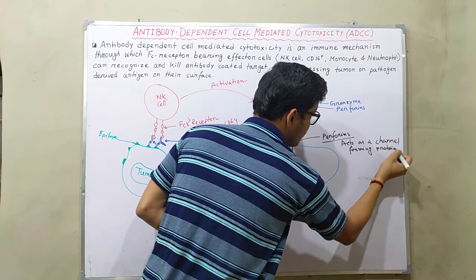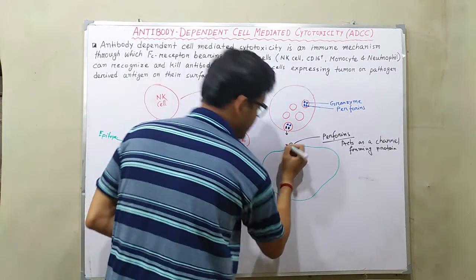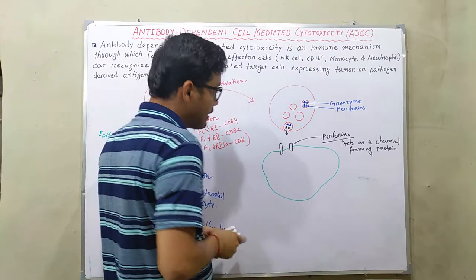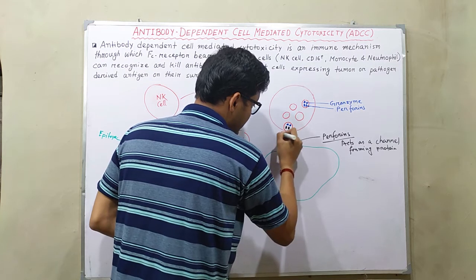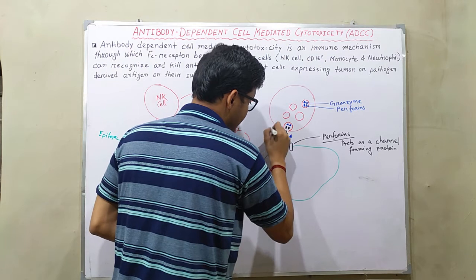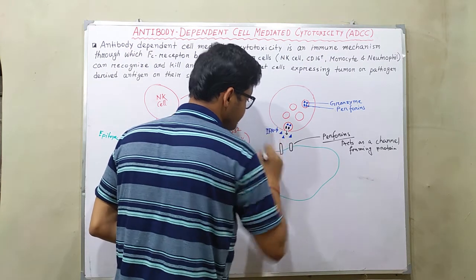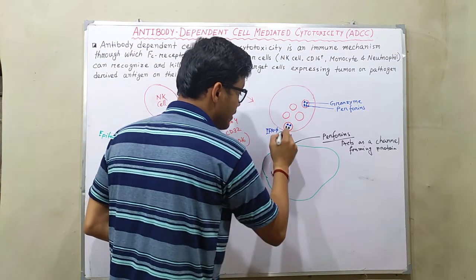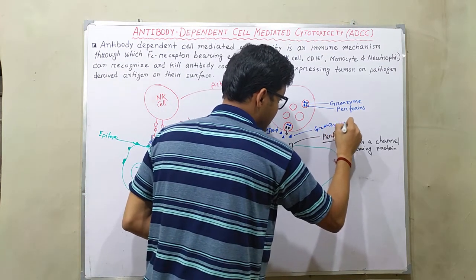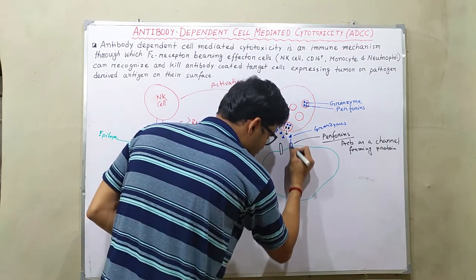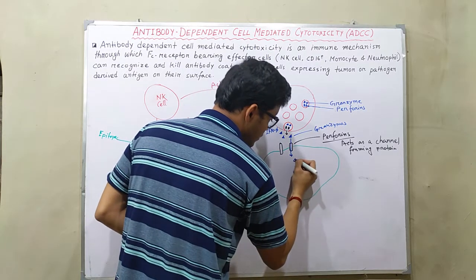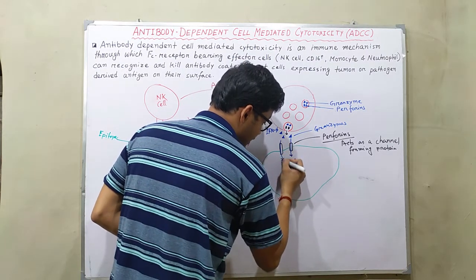Whenever these perforins are attached to the tumor infected cells, the NK cell releases the granzymes or IFN gamma. These interferon gammas and granzymes pass through these perforins and come within the affected cell.